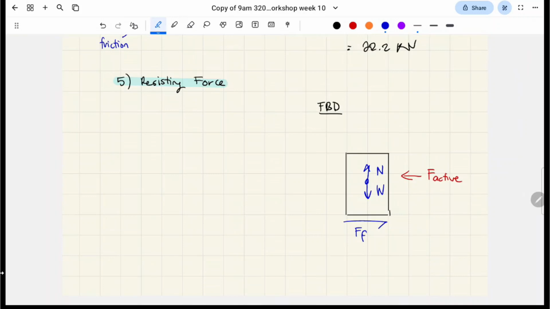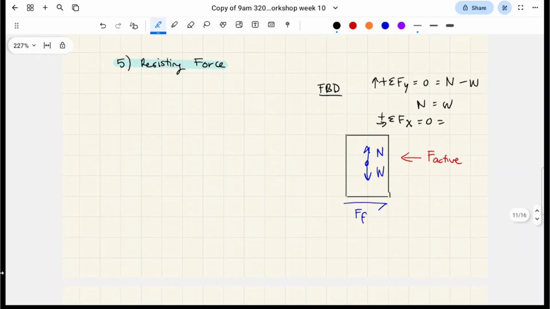Since this whole thing is in static equilibrium, it's not moving up and down. Basically, what I'm trying to say is that N is equal to W, right? That's the first step. The next thing to note is that we're in static equilibrium for our frictional force as well.